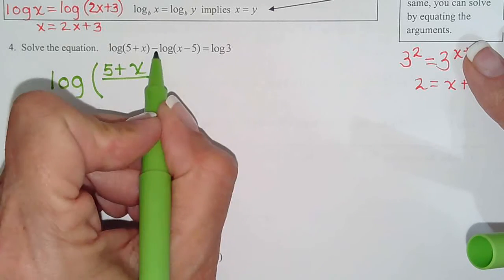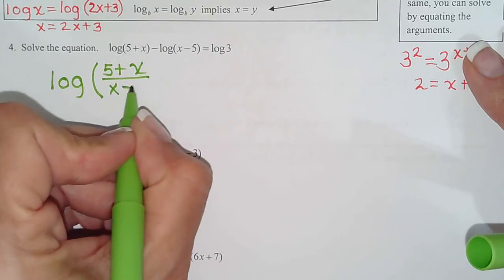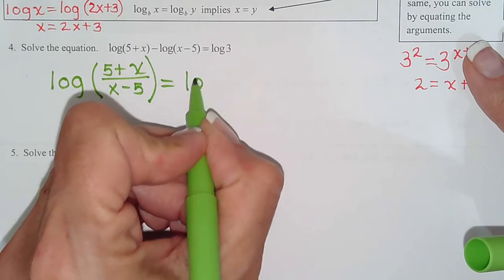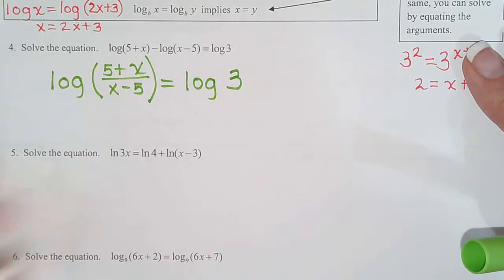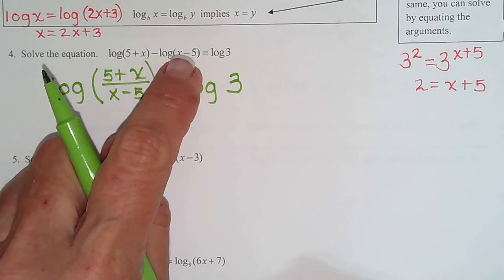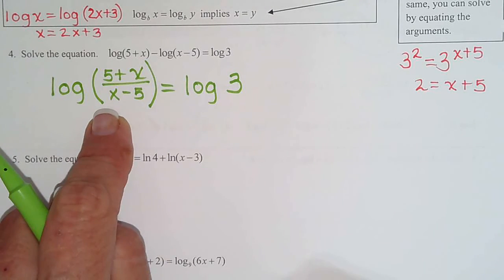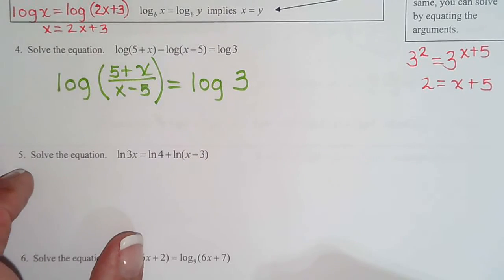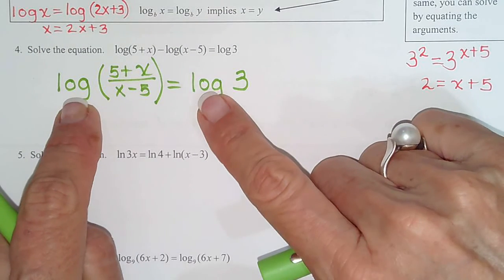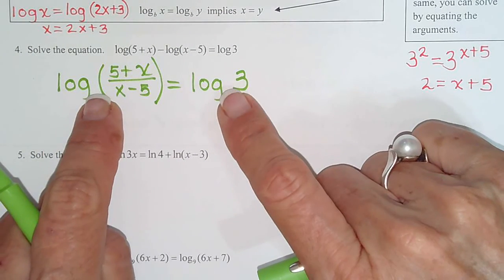The negative log, its argument goes in the denominator. And then I have log of 3. So all I did was take those two logs and write them as a single log using our properties from section 8.6. So now that we have log and log, notice they're both base 10.